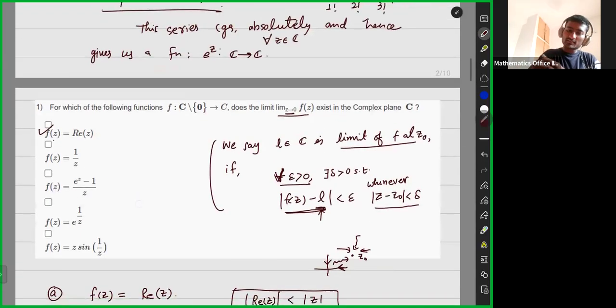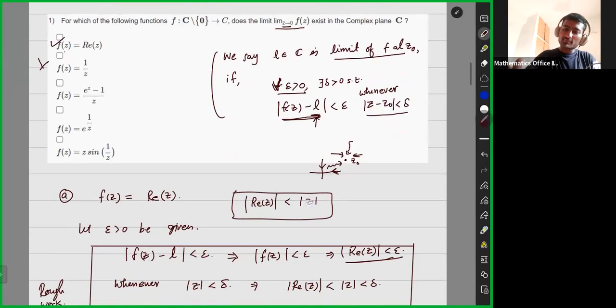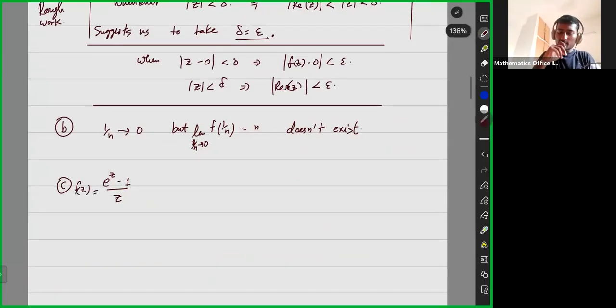So let's see part C: e power z minus 1 divided by z. This is our f. From basic calculus, if you just put in the value of z, we would be done.